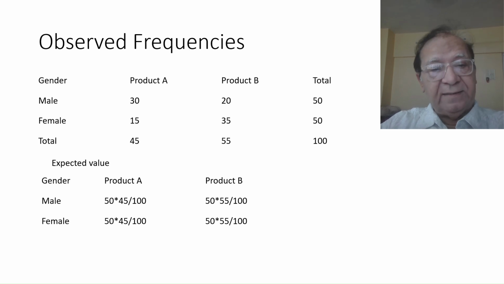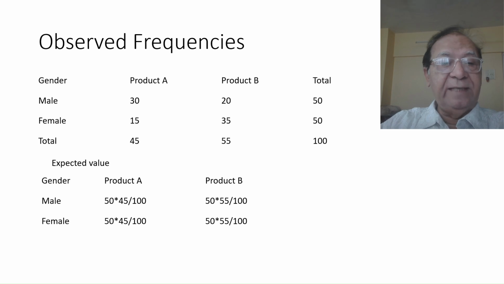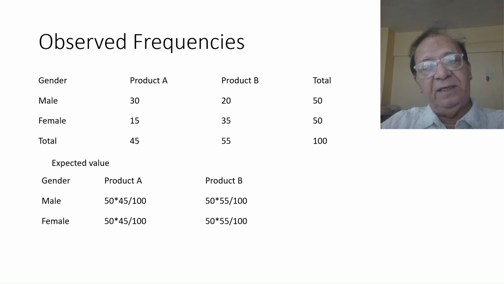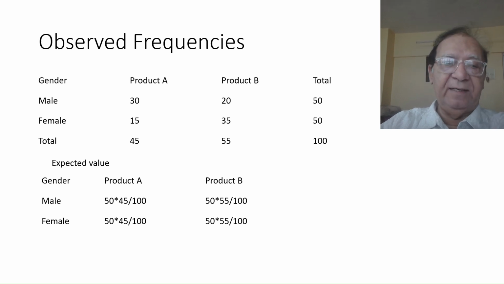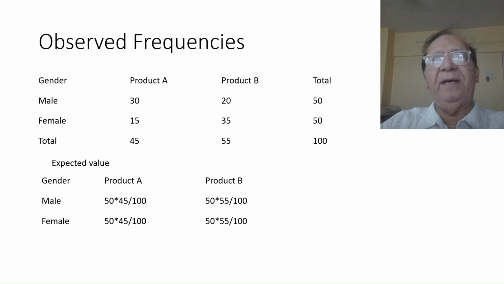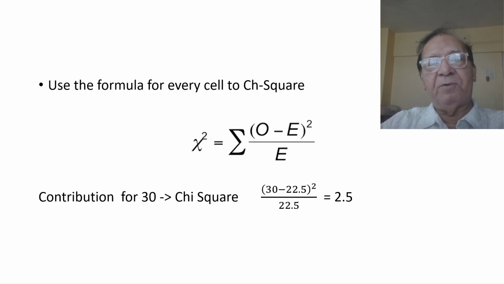So, expected frequencies: for male, product A, 50 times 45 divided by 100. For male, product B, 50 times 55 divided by 100. Female, product A, 50 times 45 divided by 100. And product B, 50 times 55 divided by 100.